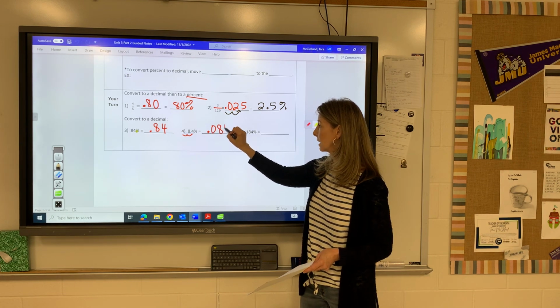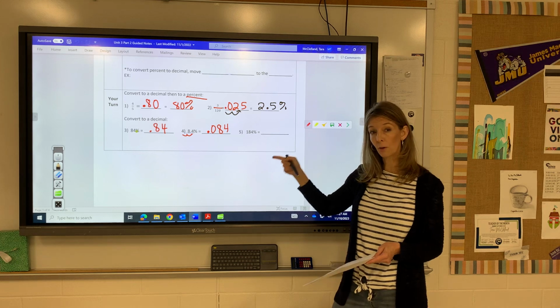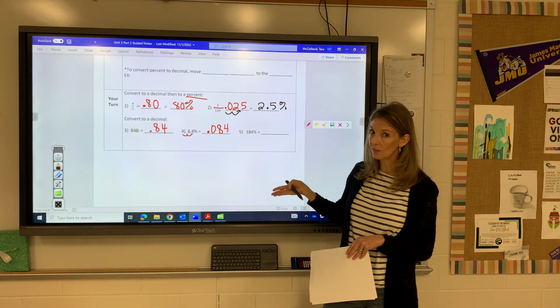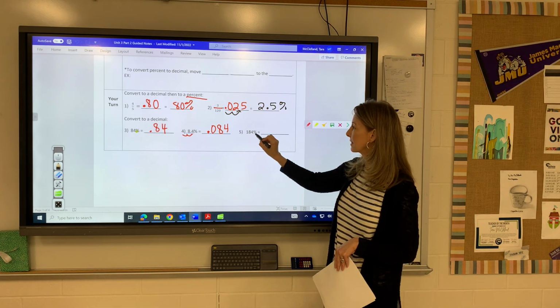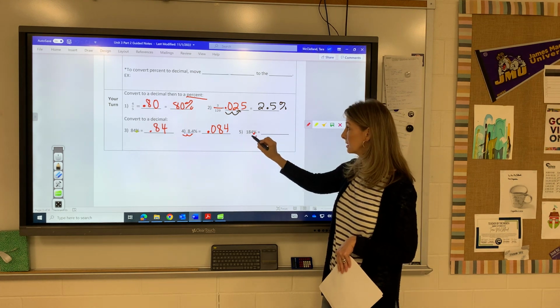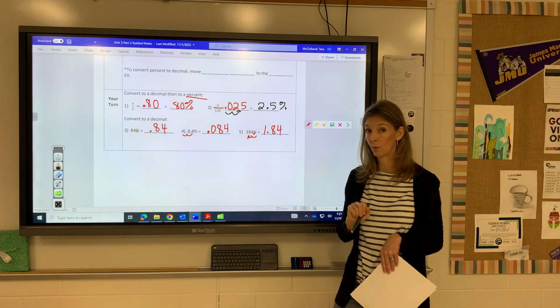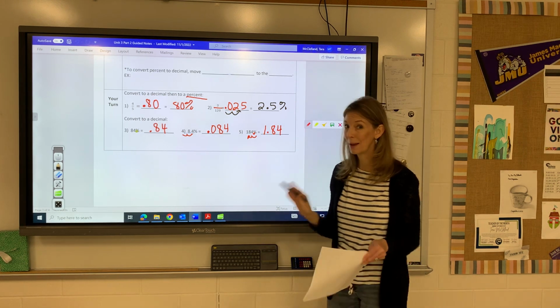We get 0.084. And finally, 184%, and of course it's fine to have over 100%. We've got that invisible decimal right here after the 4, move it 2 places, and we end up with 1.84. All right, so basic review here.